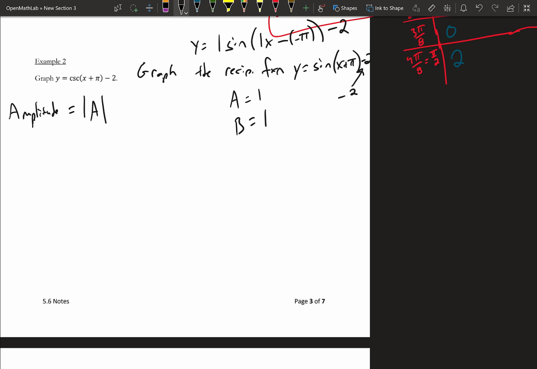That will help me identify the pieces. So this one is A, this one is B, this is C, and then D is in this spot, negative 2.